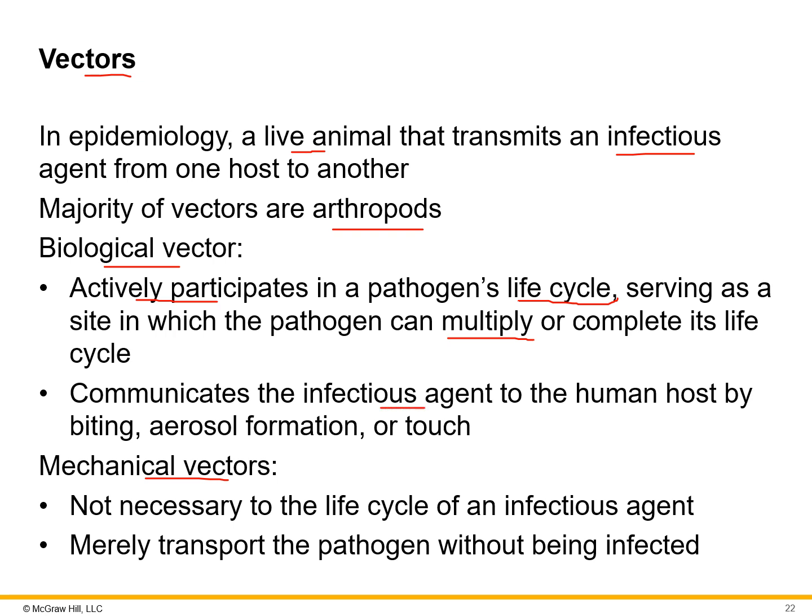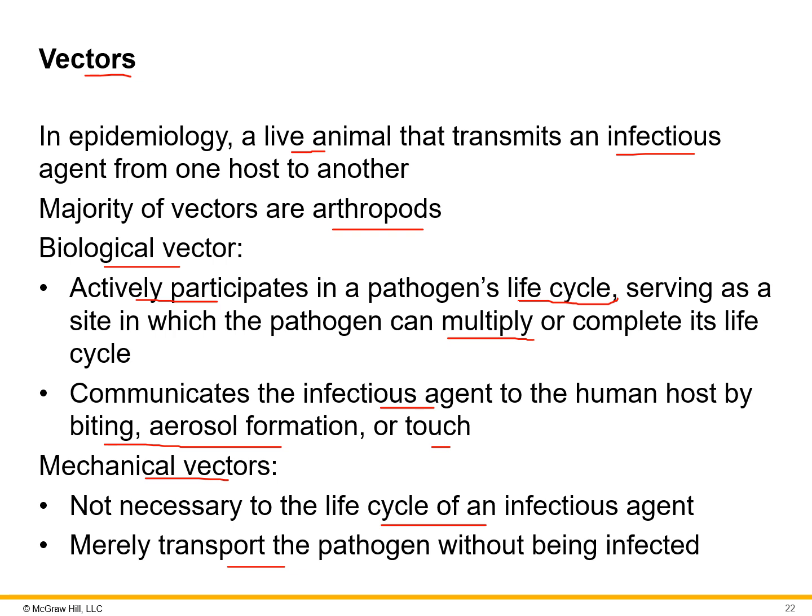So it communicates that agent to humans by biting, aerosol formation, or touching. Whereas a mechanical vector isn't necessary for the life cycle. It's merely transporting it. They're sometimes called an intermediate host. They just happen to be infected and they pass it on. The organism can't reproduce in that vector, but it can still pass it on.